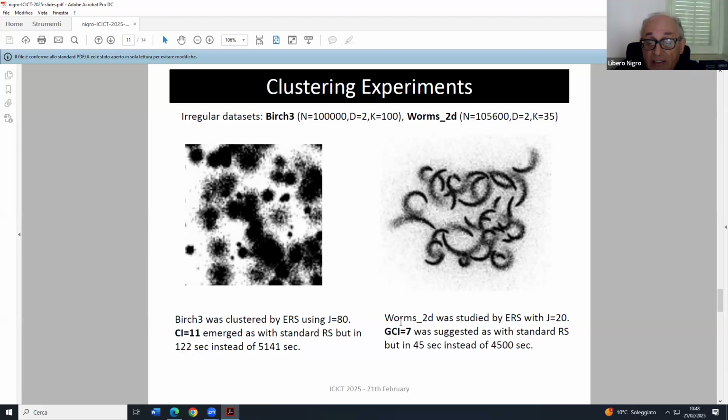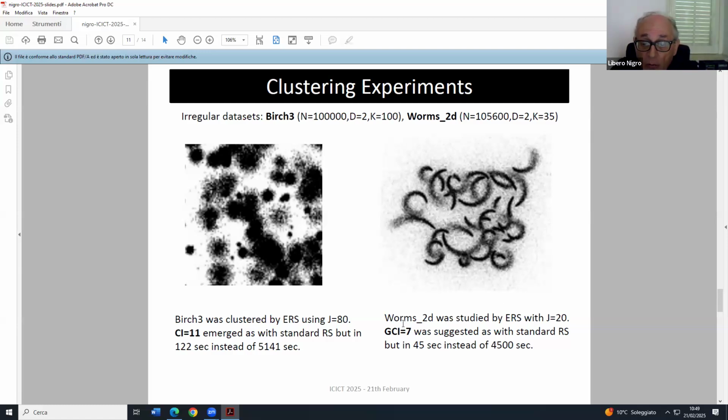You see that the comparison indicates that it is a promising tool, because the best value reported in the literature is not better than this 11, in the sense that 11 over 100 is the error we commit in clustering this kind of dataset.